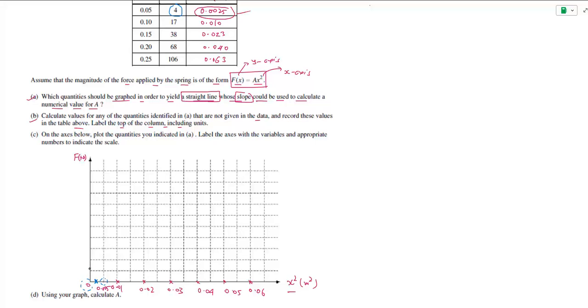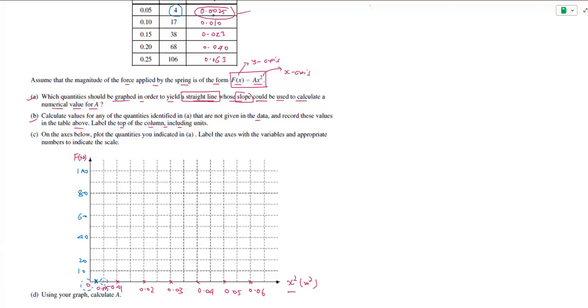On the vertical scale, it is varying up to 106, so we have to divide this scale in such a way that we can cover these values. So 1, 2, 3, 4, 5, 6, 7, 8, 9, 10. If we allocate this 1 unit as 10, then we can go up to 100, so this is 20, 40, 60, 80, 100, right?